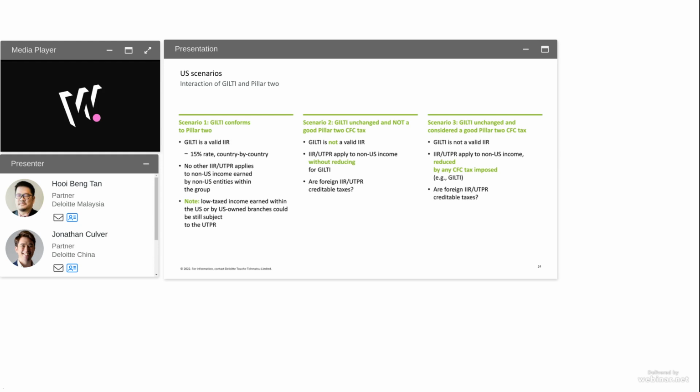Scenario 2, in the middle of the slide, revolves around GILTI being unchanged and therefore not being a qualifying income inclusion rule, but the CFC taxes collected under a GILTI regime also not being considered a good Pillar 2 tax. This goes to the heart of the issue that Jonathan was talking about earlier in terms of allocation of CFC taxes.